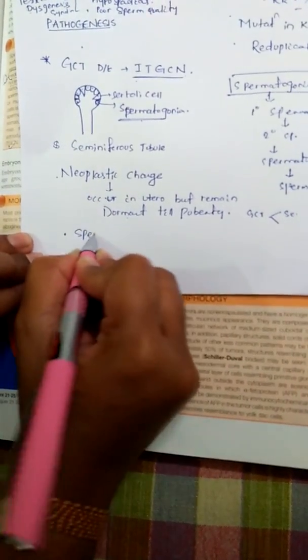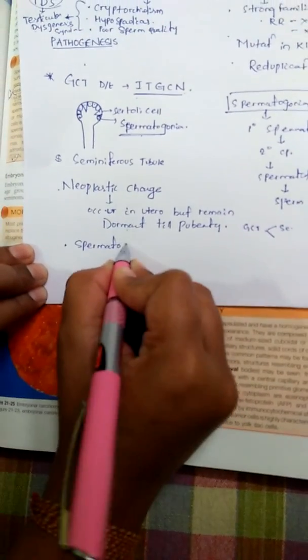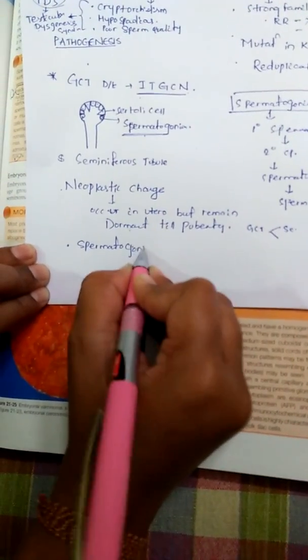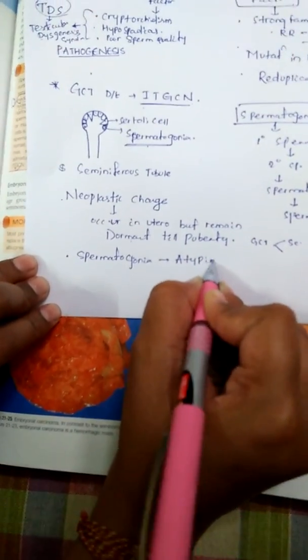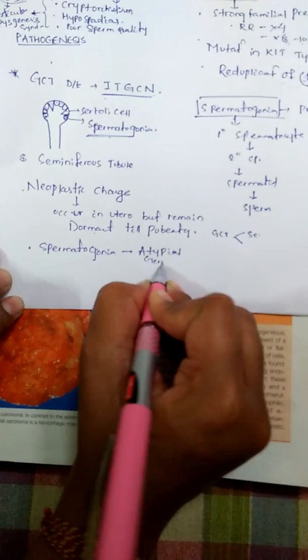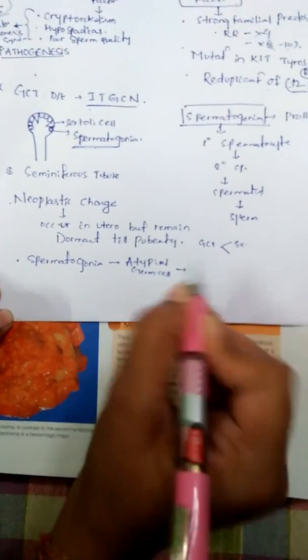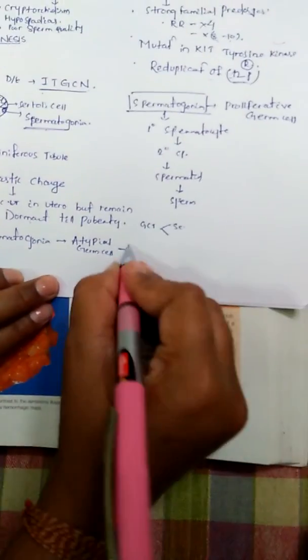What is the neoplastic change? This spermatogonia is converted into an atypical germ cell. What are the features of this atypical germ cell?